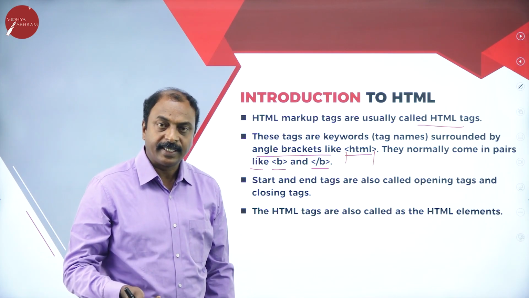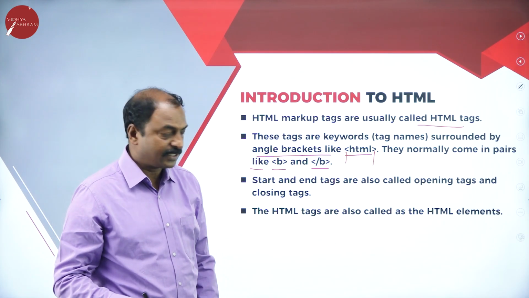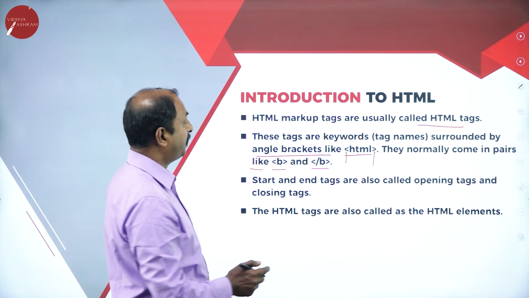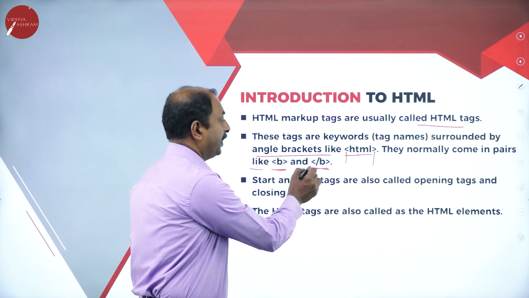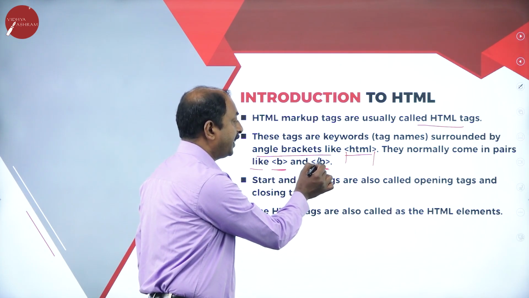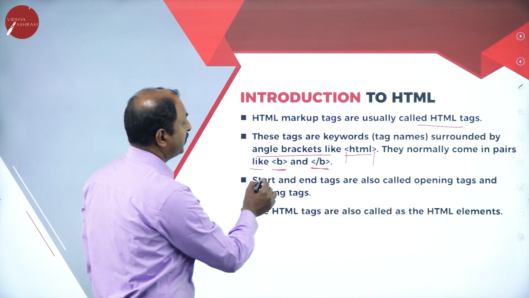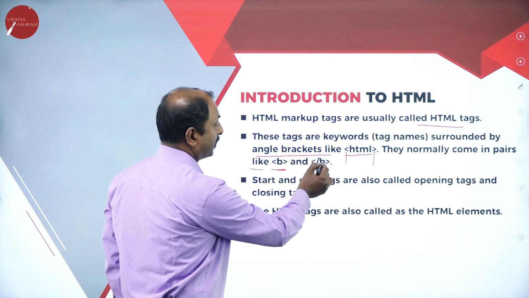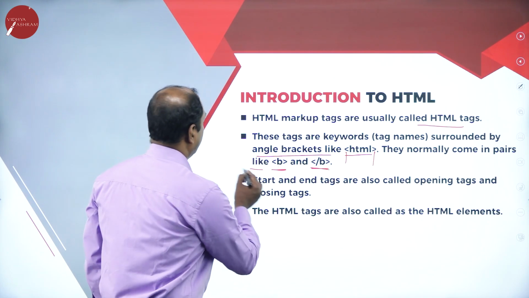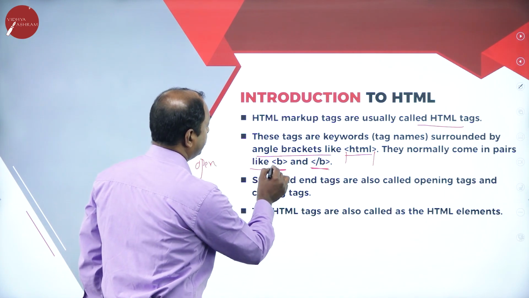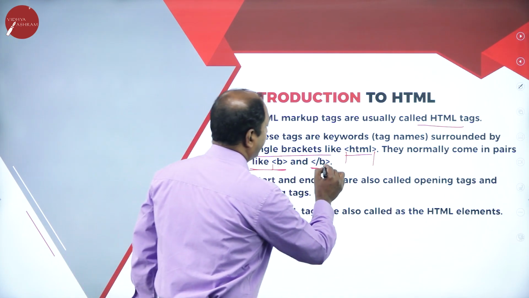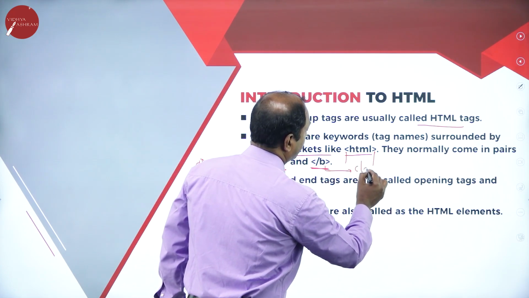One is paired tags, the second one is unpaired tags. So what are paired tags? If you observe this example here, inside this we have B, and another B with a forward slash. So this is called the opening tag and this is called the close tag.